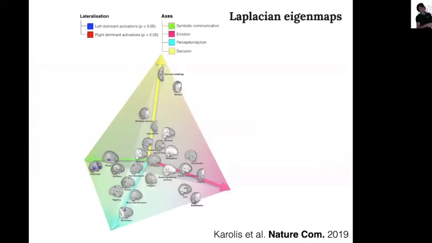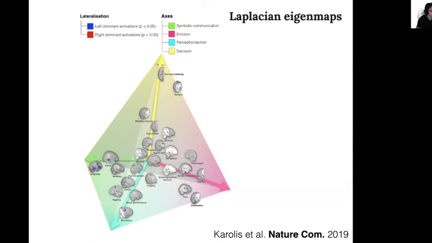Later on, we used exactly the same approach to study the lateralization of the brain. You remember we had all these maps of functional lateralization according to different terms, that we reorganized together using Laplacian eigenmap to get the main axes of differences, the main ingredients that make up the lateralization of brain functions that you can see here.